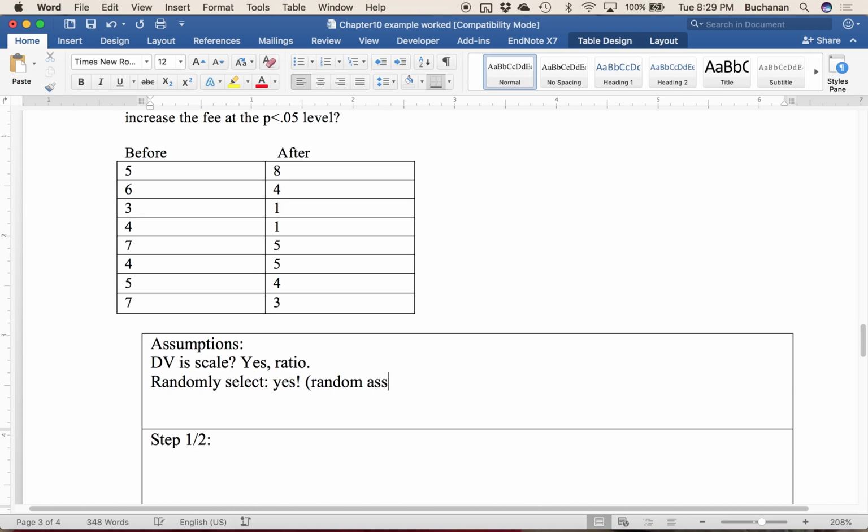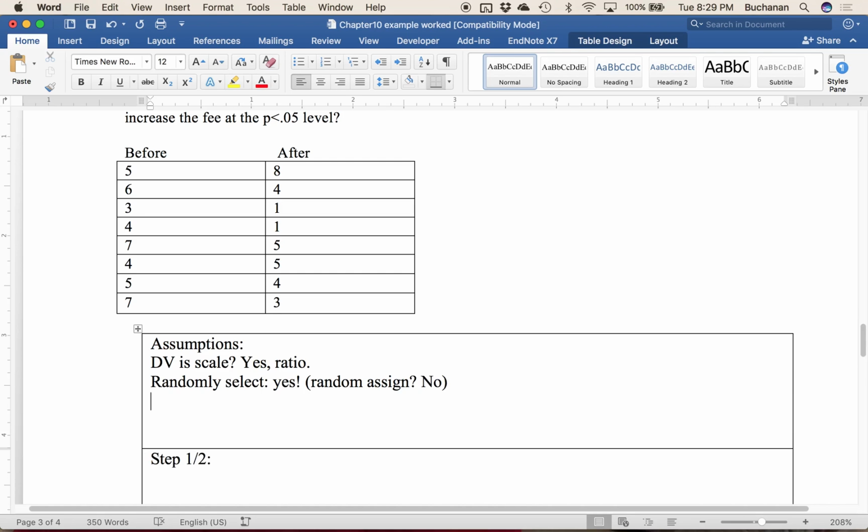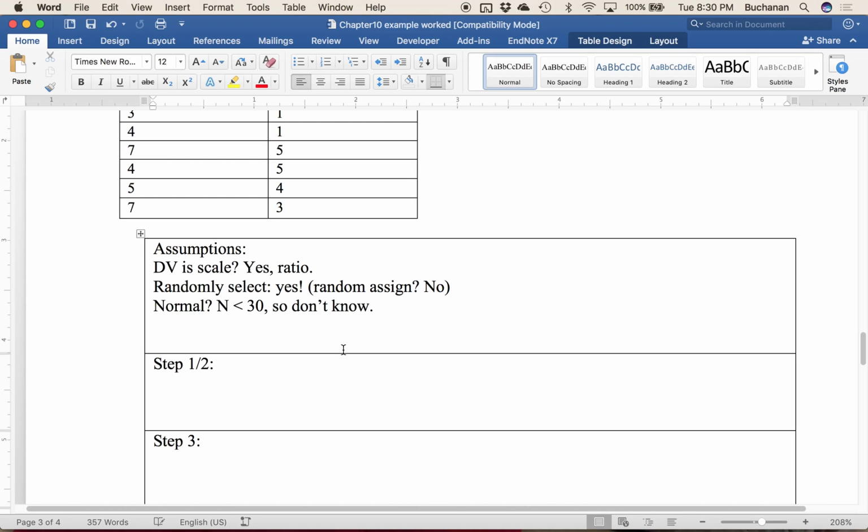However, in this case, could I randomly assign? No, because I can't randomly assign before and after. I can't change the order of that. Is it normal? Well, N is less than 30, so don't know. So I don't know if my bags of trash scores here are normal.